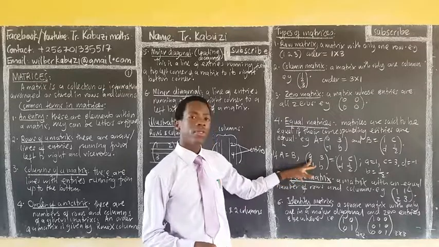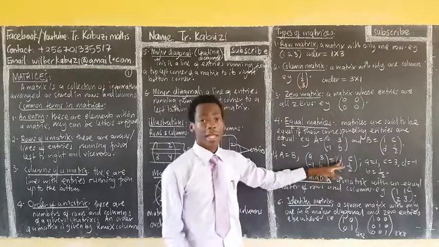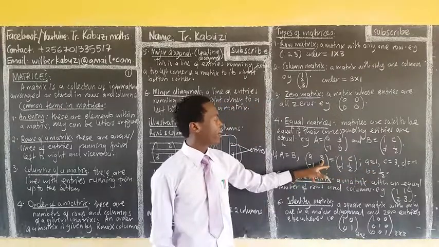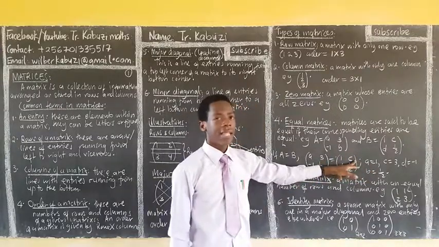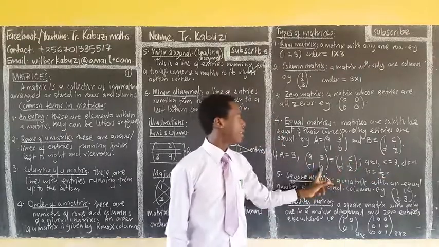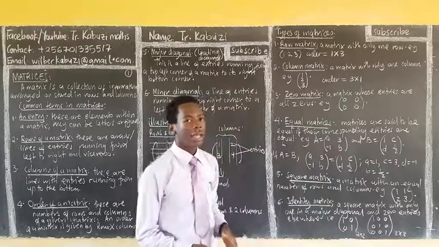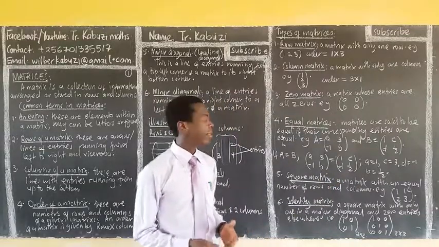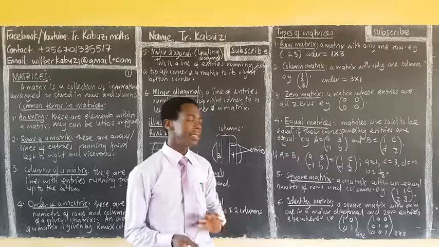So the first entry here will be equal to the first entry in this matrix, the second entry will be equal to the second entry on this side, then this will be equal to this, and this is equal to this. Those are what we call corresponding entries. This happens only if the matrices are of the same order.